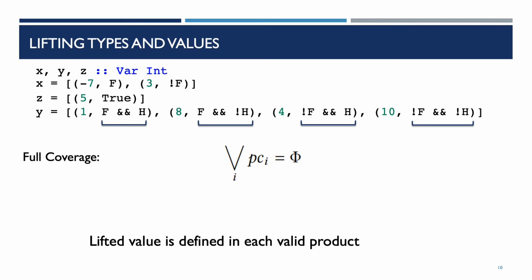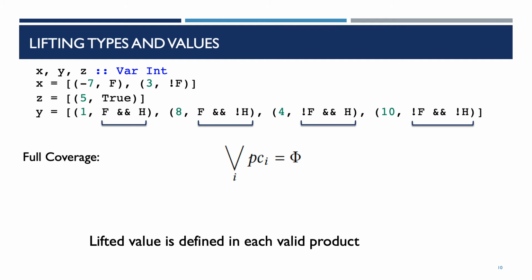First, the lifted value has to be defined in each valid product, which means the disjunction of the presence conditions of those individual values has to correspond to the set of all valid products, what we call phi in this equation. But this is not enough.